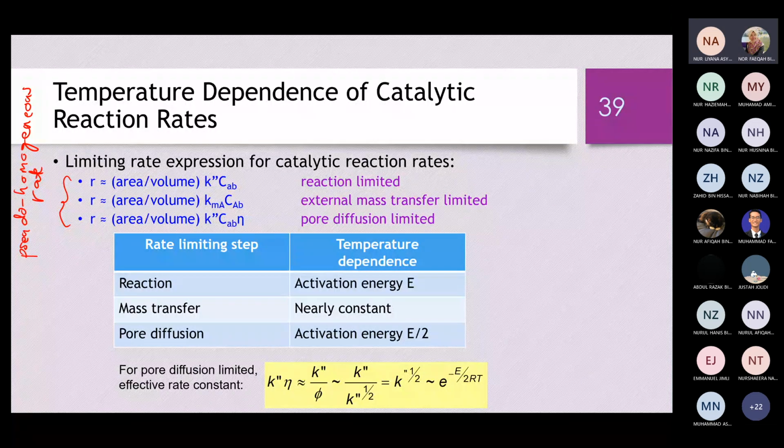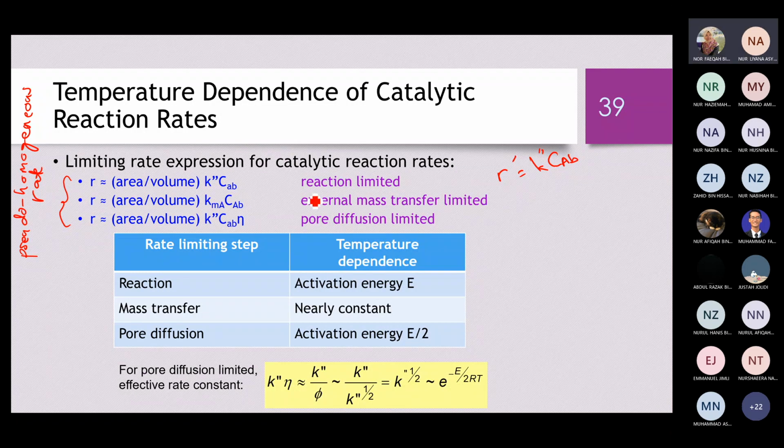So that's why r equals a over V, k prime C_AB. And actually for reaction limited, the rate of reaction equals k prime C_A, k double prime C_AB. So this is the reaction limited equation.